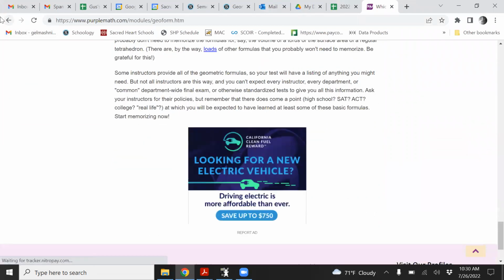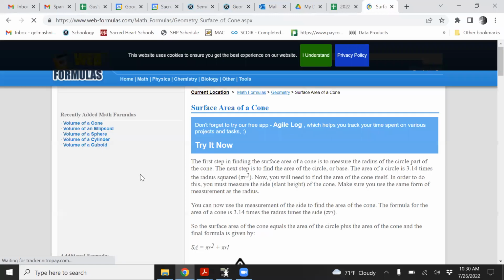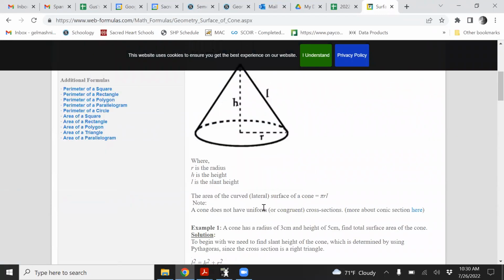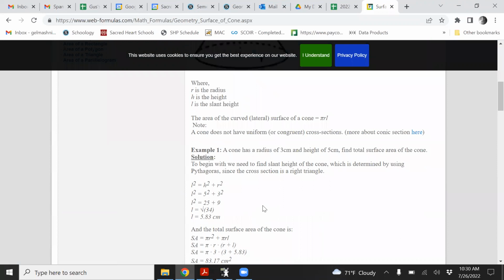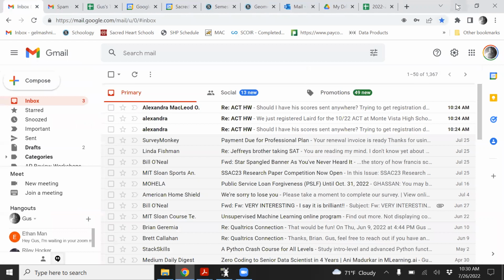They just have a bunch of formulas here. Yeah, and they label it for you, like they tell you where L is, and they actually work out a problem for you. So you have it all there. You have plenty of resources at your fingertips.